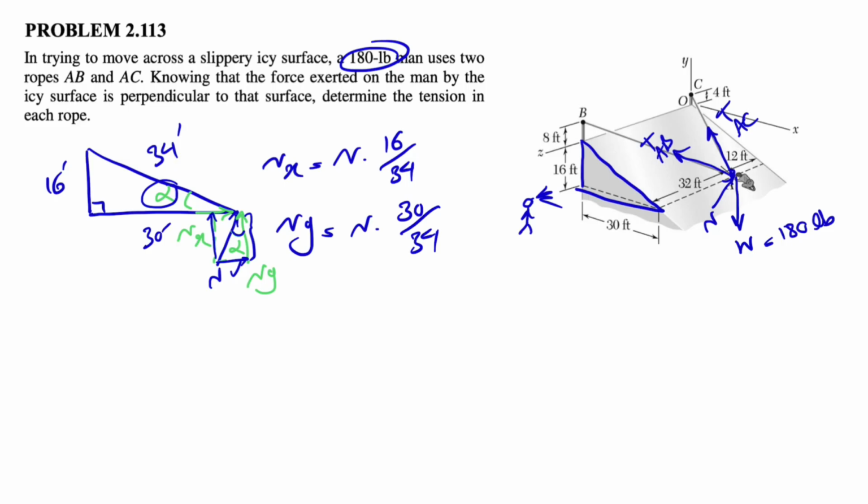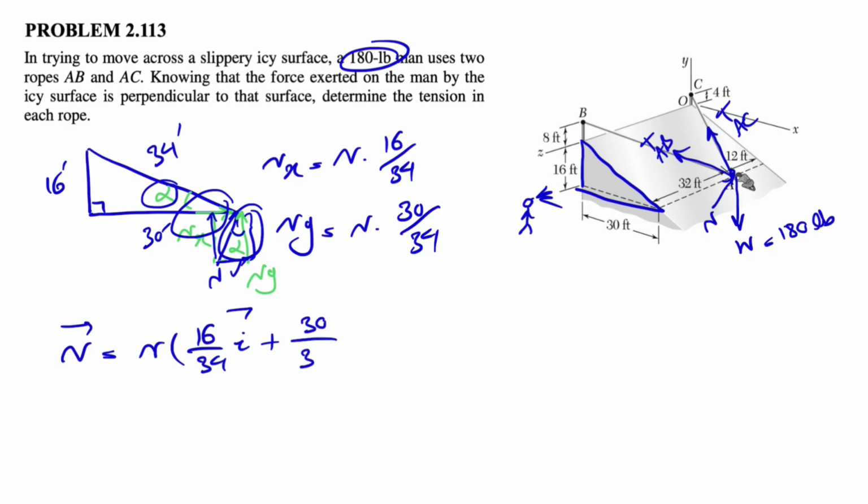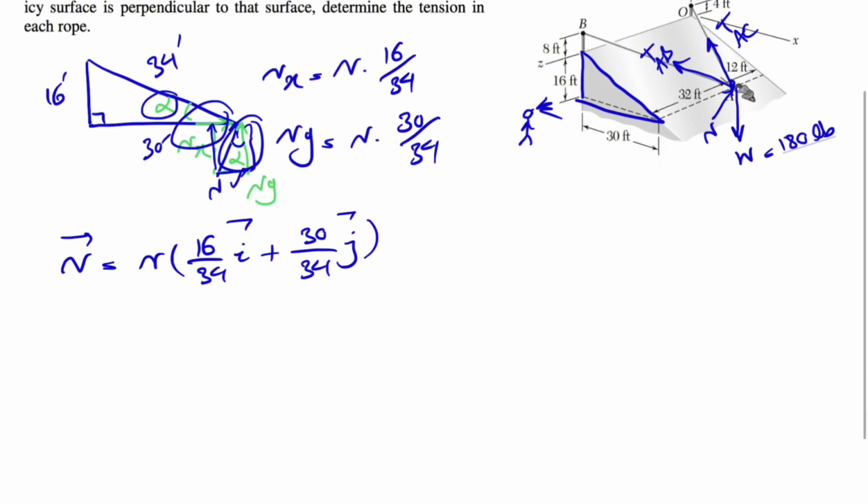So that's the first force that we found in vector form, our N. If we factor N, we have 16 over 34 i, and they're both positive because they're acting along the positive x and y axes, and 30 over 34 j. So that's our first force.